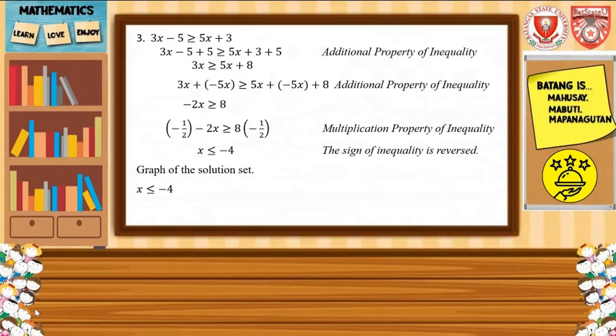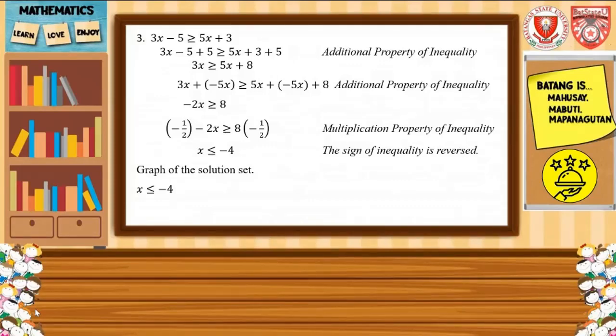Then 3x plus negative 5x is greater than or equal to 8, so negative 2x is greater than or equal to 8. Multiplying by negative 1/2, we reverse the symbol of inequality.